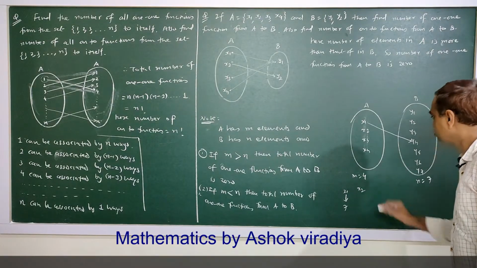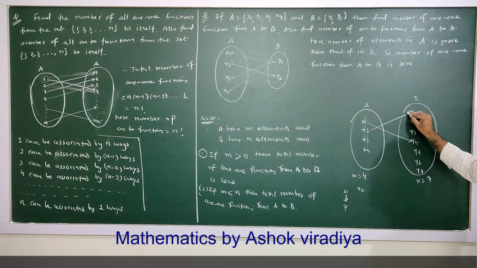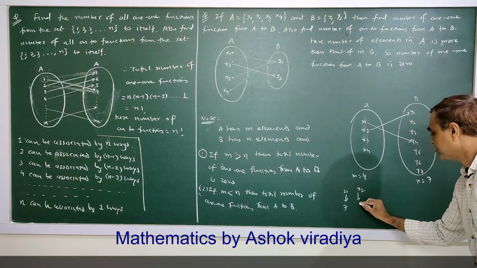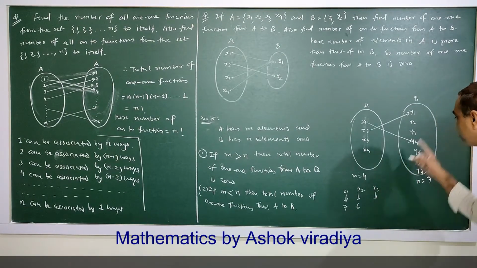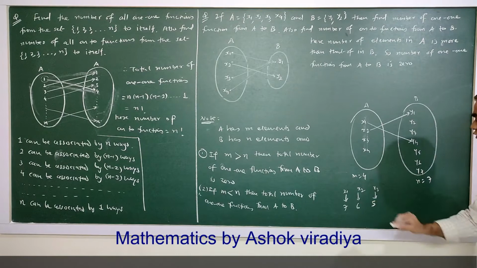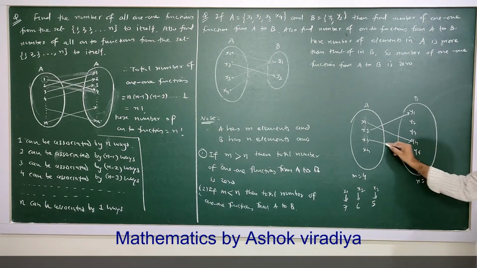Now x2 can be joined in the remaining 6 ways. 6 elements are left. Suppose it is joined with y1. So 6 ways. x3 can be joined, now how many choices are left? 5 left. 5 ways. Suppose x3 is connected here.